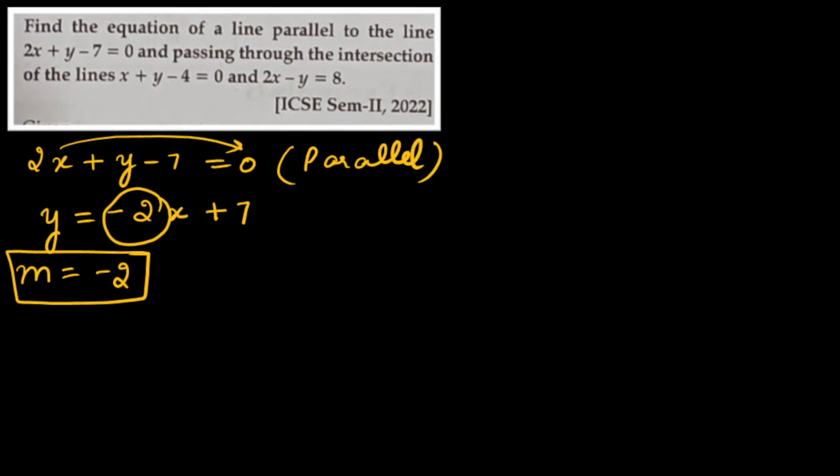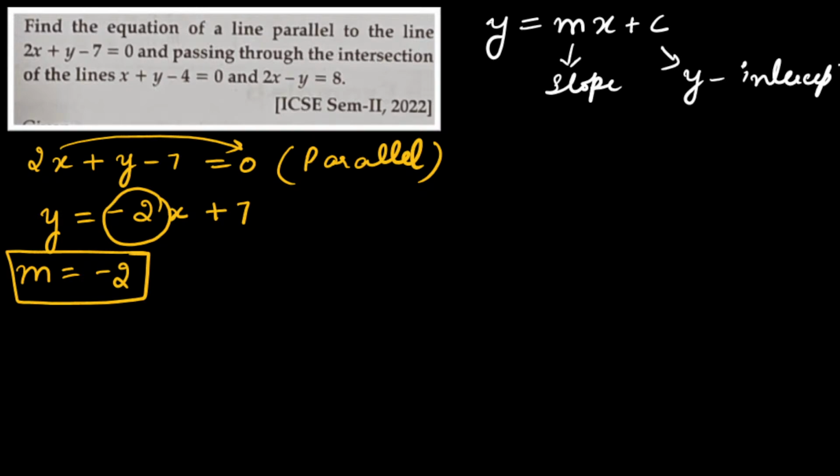For the equation of a line, we should have at least either the y-intercept or coordinates, because two forms are there. First is slope intercept form, y is equals to mx plus c. If we want to use this form, then we should have m, that is slope, and we should have the y-intercept. But we don't have the y-intercept now. So that means this form we cannot use.